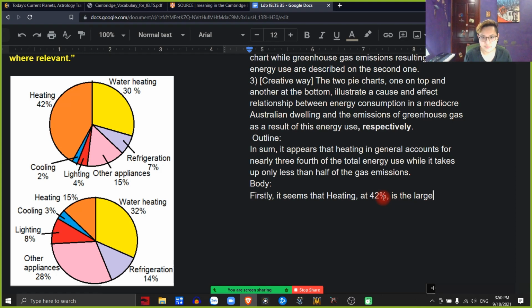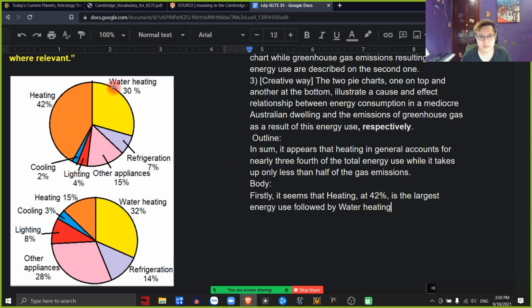It's the largest energy use, followed by water heating.